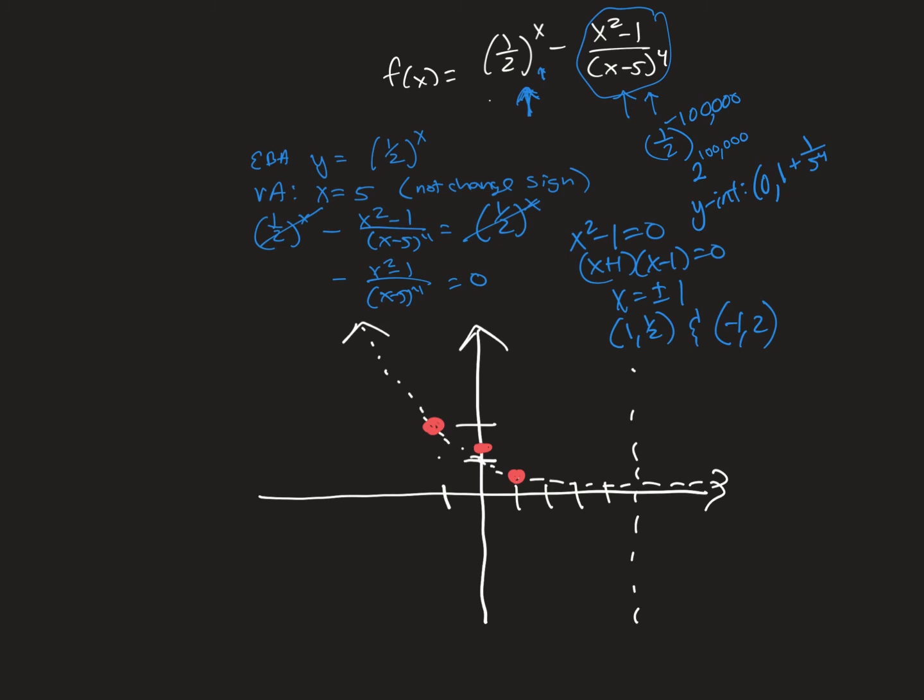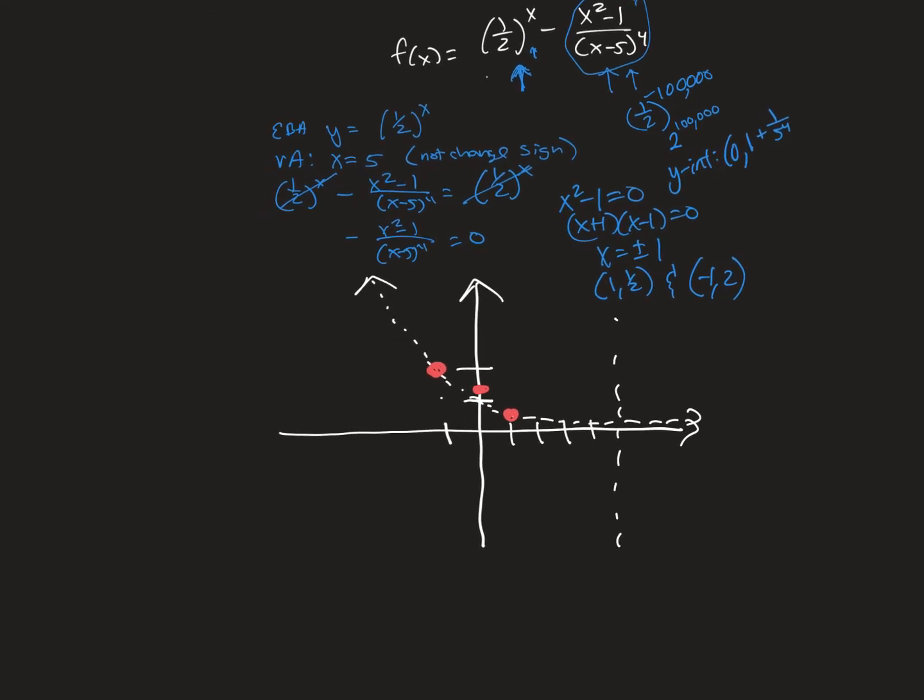So one thing to note, and it may be helpful to figure out, is when it's above or below the EBA. And to do that in this case, the EBA is 1/2 to the x, so I really care about what's happening with x squared minus 1 over x minus 5 to the 4th. And I actually kind of know what's going to happen just looking at the graph, but this may be helpful.